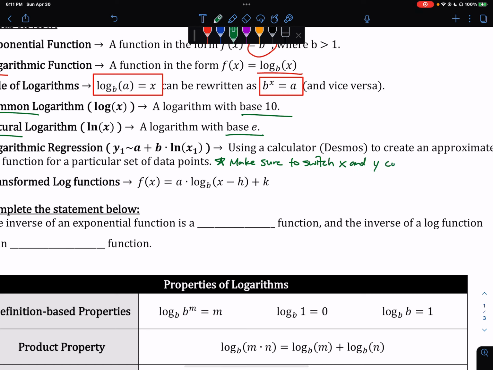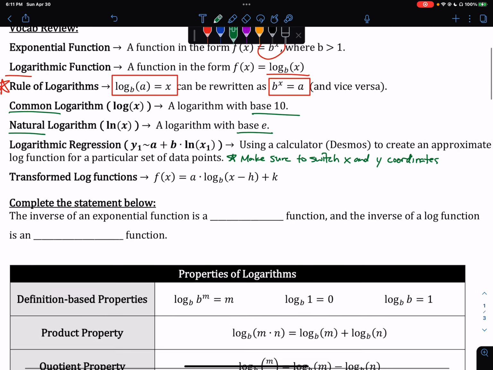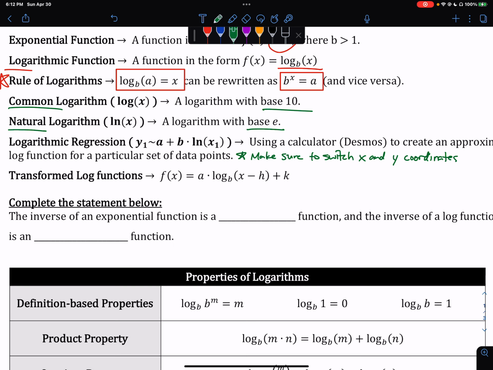Typically, if we're doing a problem like this, you're given a table with some x and y values, like a table of time, the number of years, and then an income or something like that. We have to make sure that whatever our x and y is in that table, when we put it into Desmos for the log regression, we switch those around.